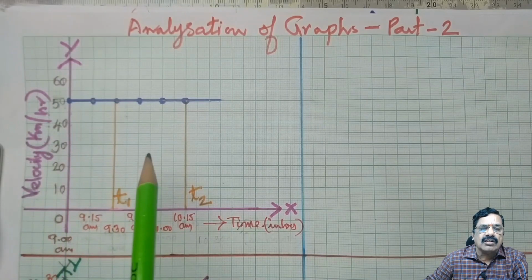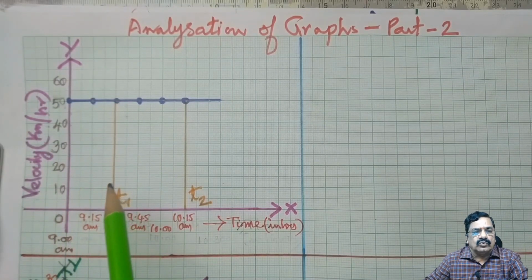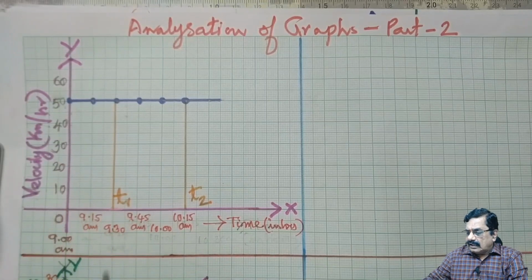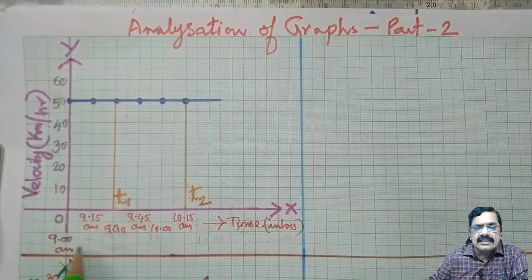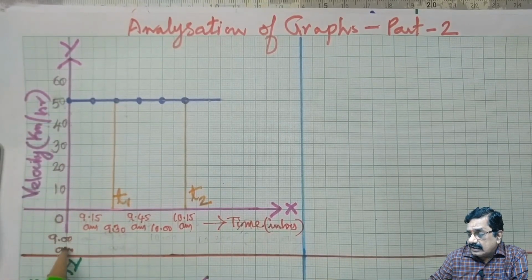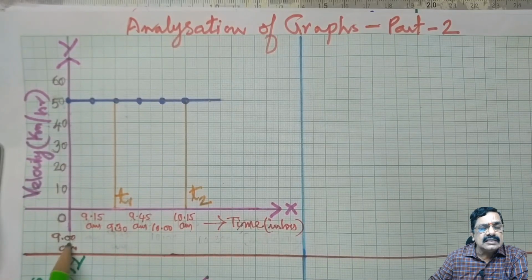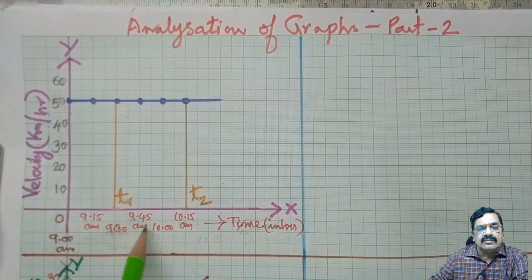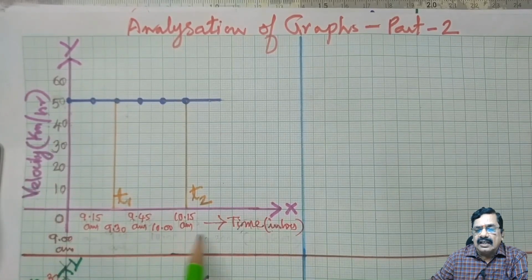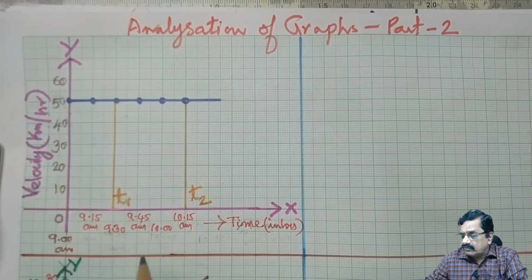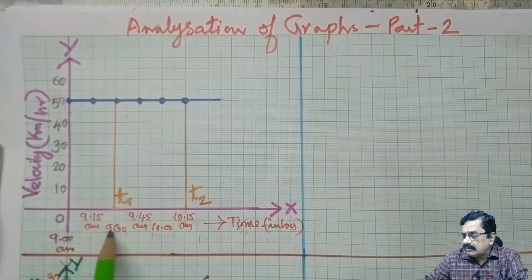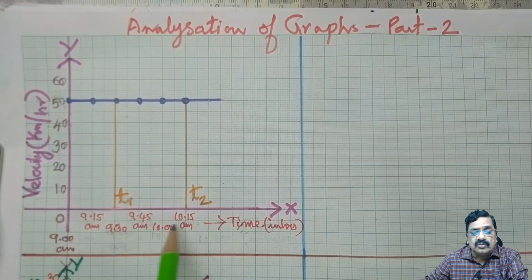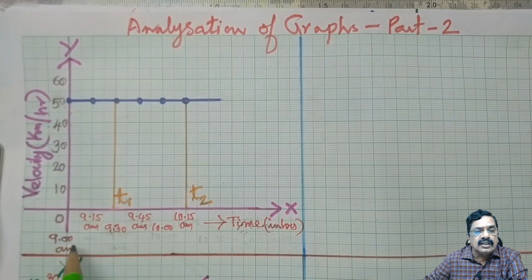On the x-axis, time is taken, starting from 9 am, then 9:15 am, 9:30 am, 9:45 am, 10 am, 10:15 am, like that. If you observe carefully, there is some equal interval of time. Can you tell me what the equal interval of time is?